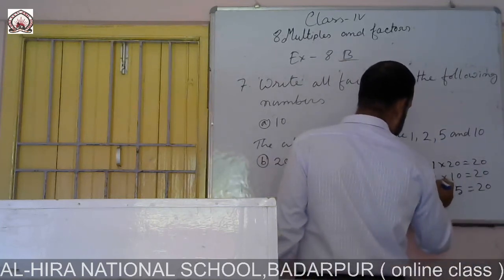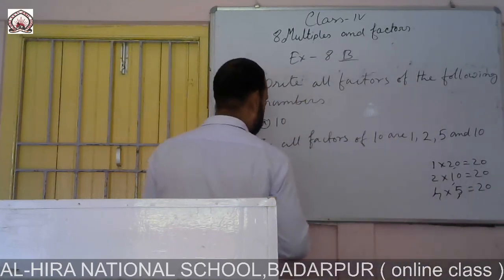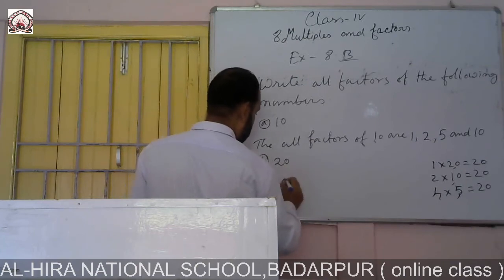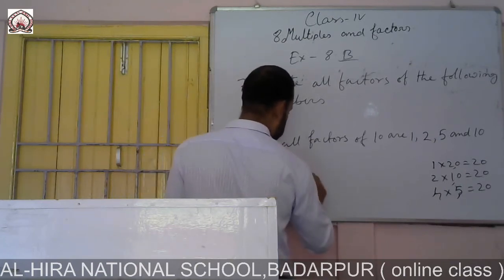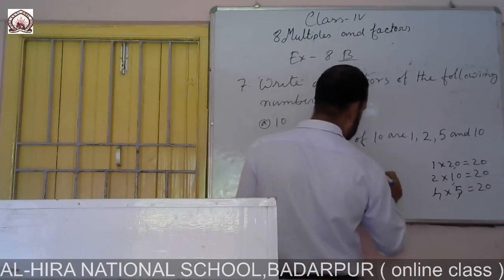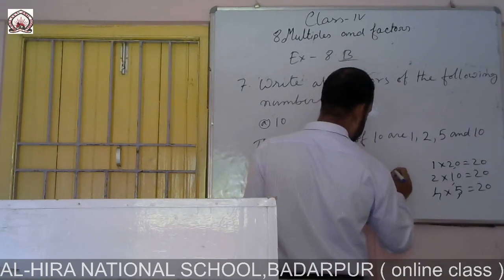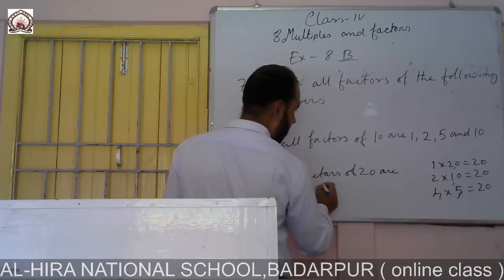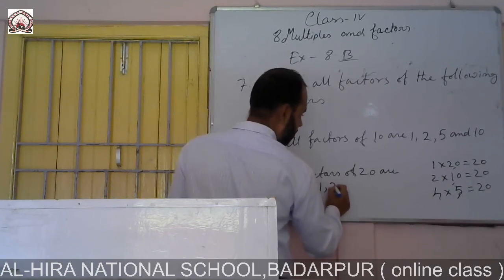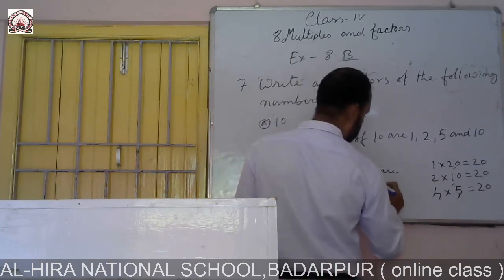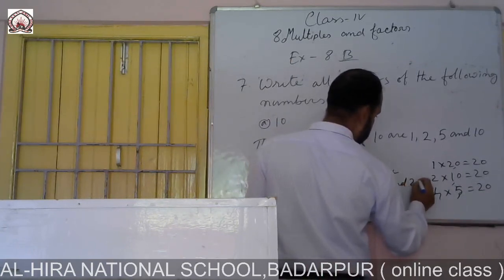So 1, 2, 4, 5, 10 and 20 are all the factors of 20.